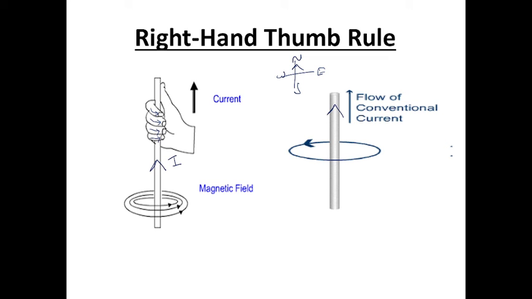Put your right hand thumb in the direction in which the current is flowing. You will observe the magnetic field lines. The shape of these magnetic field lines is in the form of circles, and the direction is anti-clockwise. Get it? Practice this, you will get more idea about that.